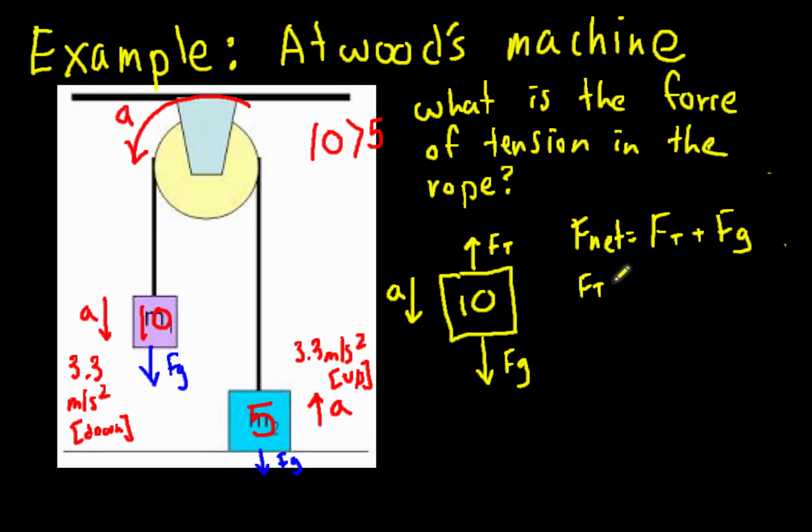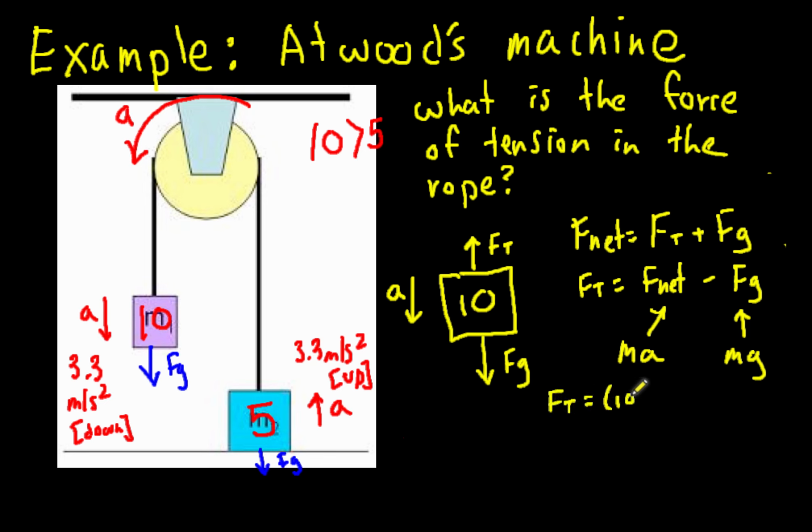We'll keep the plus there because I'll use the negative of the acceleration and g to make it work. Ft rearranged is Ft equals F net minus Fg. F net is ma, and Fg is mg. So force of tension is 10 times negative 3.3 minus 10 times negative 9.81.